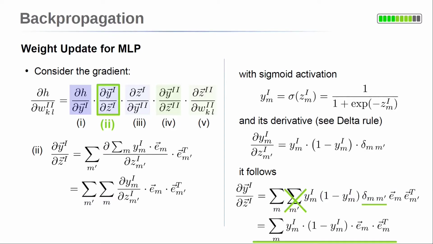The Kronecker delta reduces the summations because it is only non-zero for m equals m'. Here we choose m as remaining summation index.